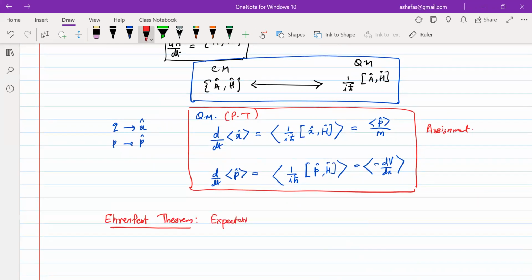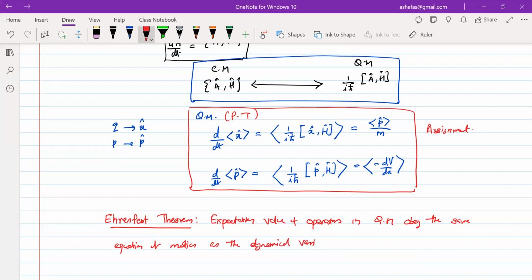Expectation value of operators in quantum mechanics obey the same equation of motion as the dynamical variables in classical mechanics.